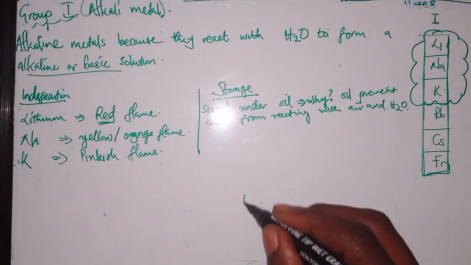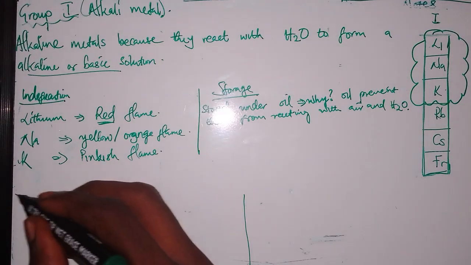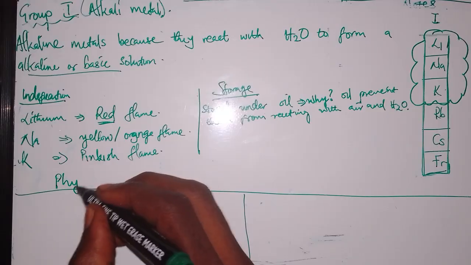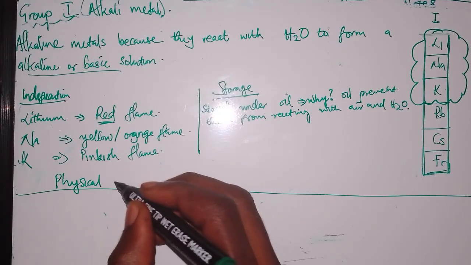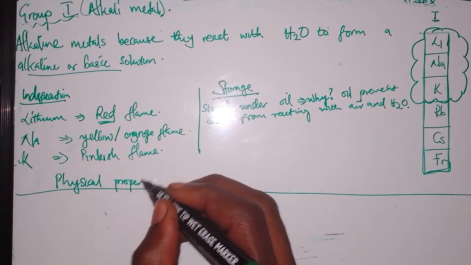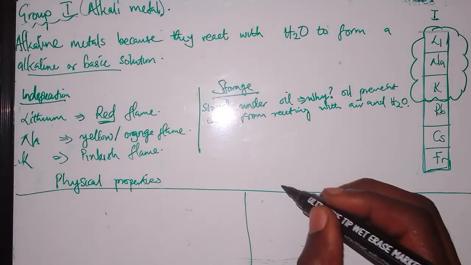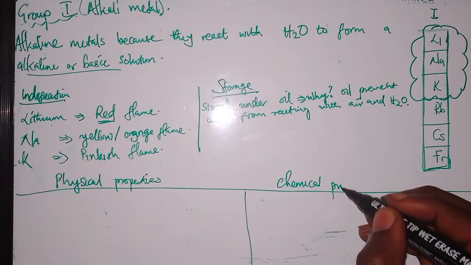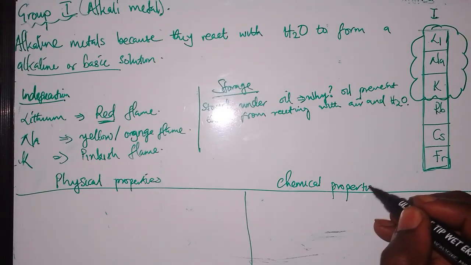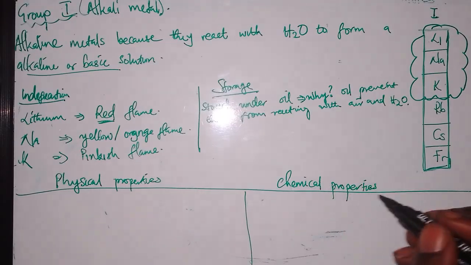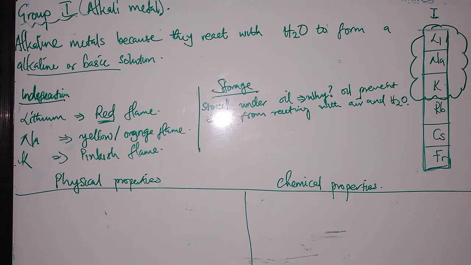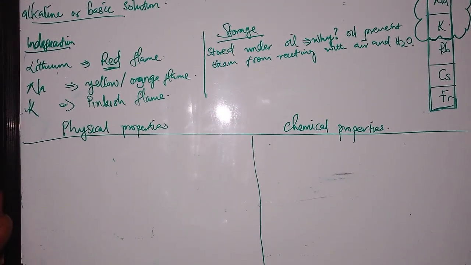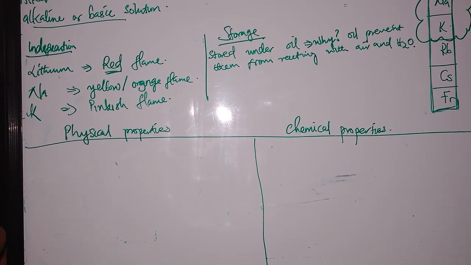I'll divide them into 2. This side we have physical properties, then this side we have chemical properties. What are the physical properties of elements in group 1?